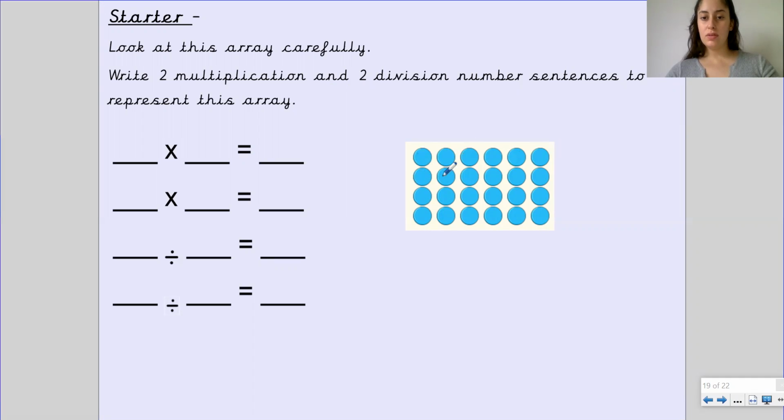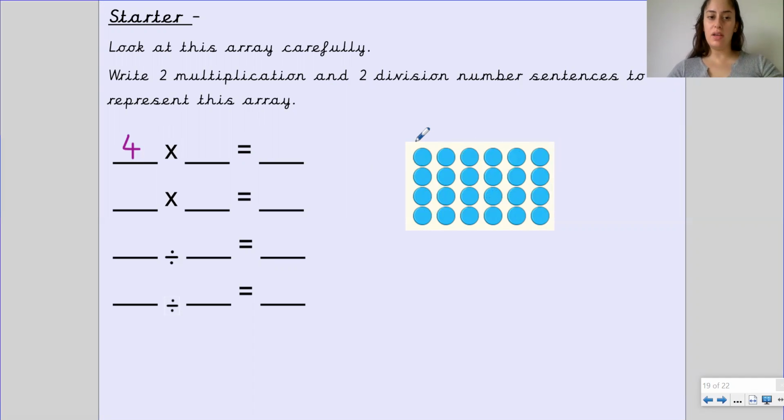1, 2, 3, 4. So 4 times, how many columns do we have? 1, 2, 3, 4. So we've got 4 columns.